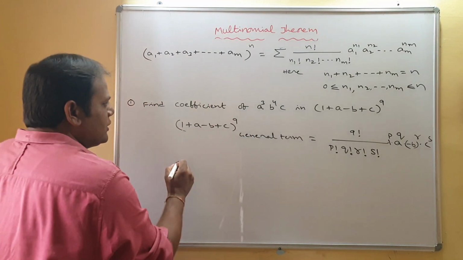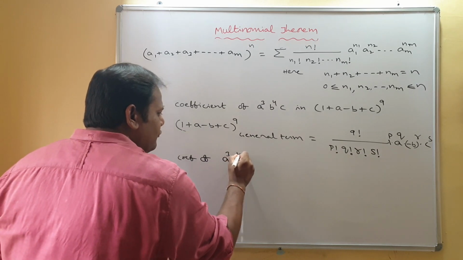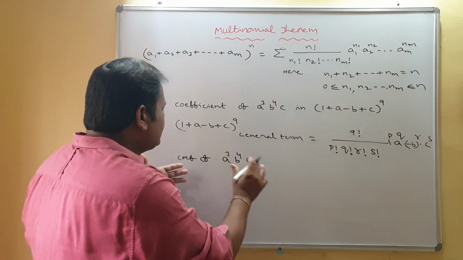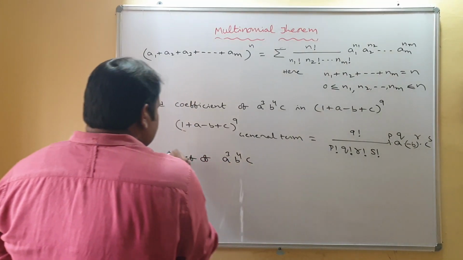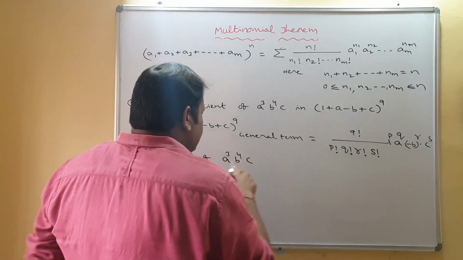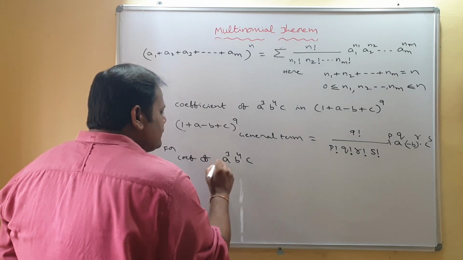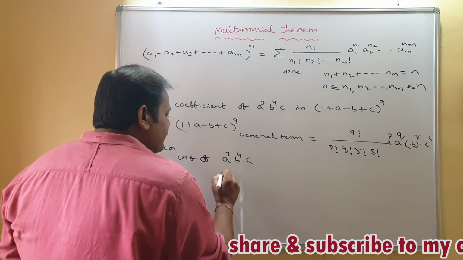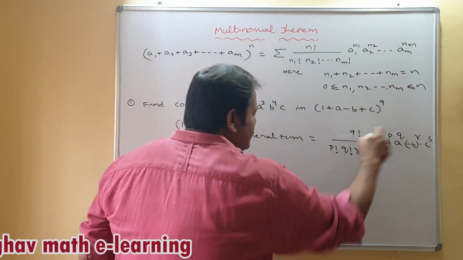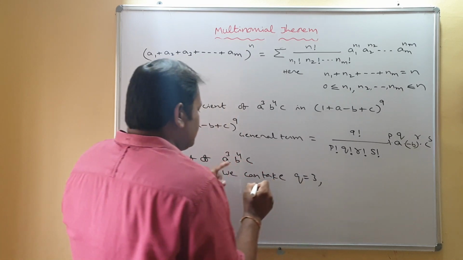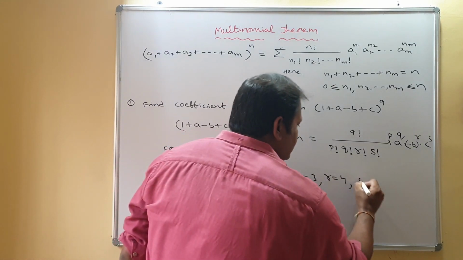What coefficient do we want? So we want the coefficient of a cube b power 4 and c. Is it? So to get the coefficient of a cube b power 4 c, what values can you take? The power of a is what? q. So we want a cube, so q must be what? 3. b power 4, r must be 4. c power 1, so s must be 1.